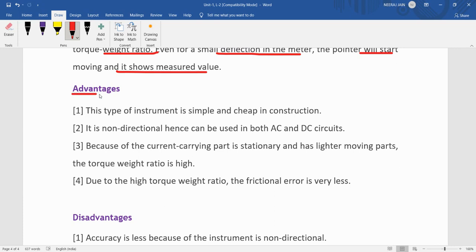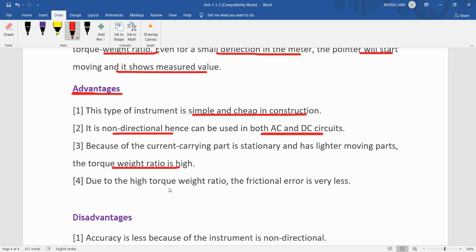Now there are some advantages and disadvantages of the moving iron instruments. This type of instruments are simple and cheap in construction compared to the PMMC instruments. Also, it is non-directional because they can work both for AC DC के लिए work कर सकते हैं। Because the current carrying part is stationary and has a lighter moving part, the torque weight ratio is high in such type of instrument.